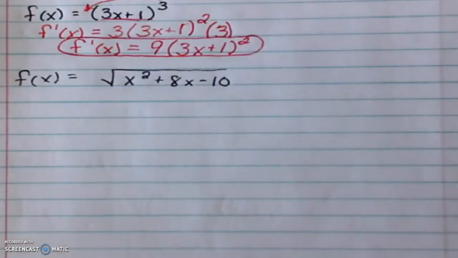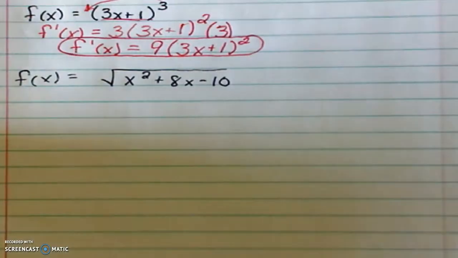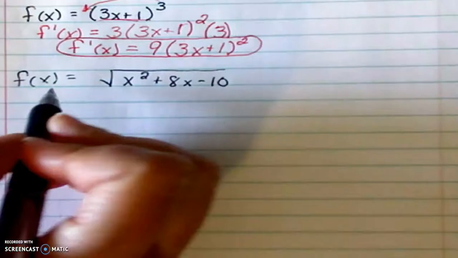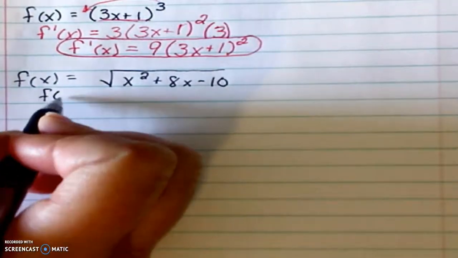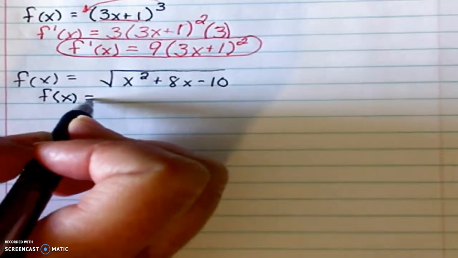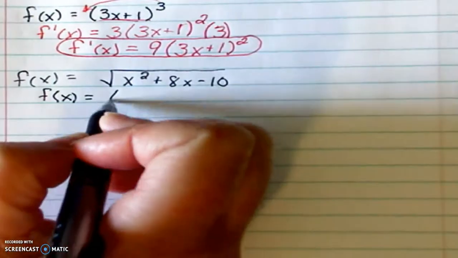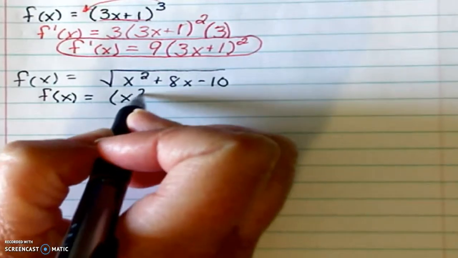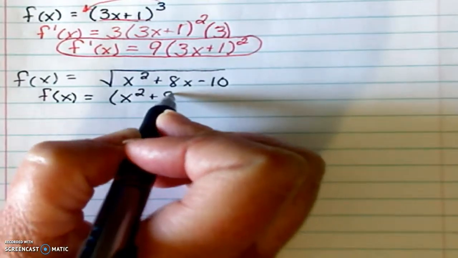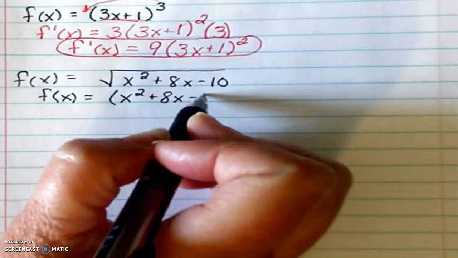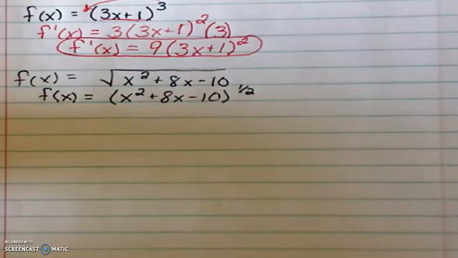Just another example of a problem you might encounter looks like this, the square root of that quadratic. Once again, the first thing you want to do is rewrite that quadratic. Instead of the square root, let's put it in a form that's usable. So we're going to show it as the quantity x squared plus 8x minus 10, and the square root means to the 1/2 power.